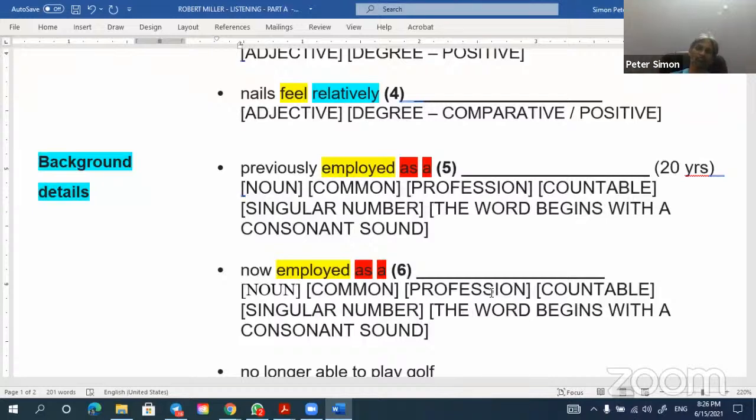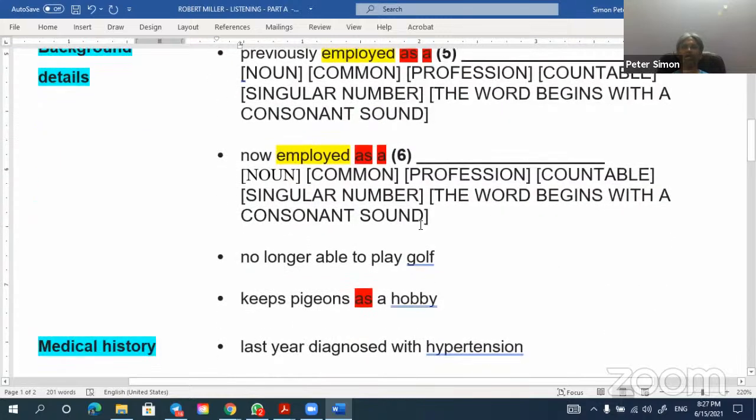So like that one. An interpreter, an organizer, like that. A professor, a doctor, a teacher, a lawyer. So the first letter will be a consonant sound, I mean, not the first letter but the sound. The first sound is a consonant sound. Yes. So whenever A is there, think about the same things.